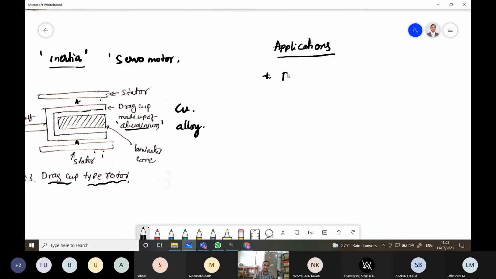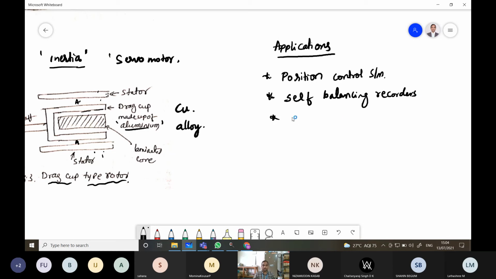Regarding applications, position control systems, self balancing recorders, machine tools, some instruments used in servo and process control can be used.